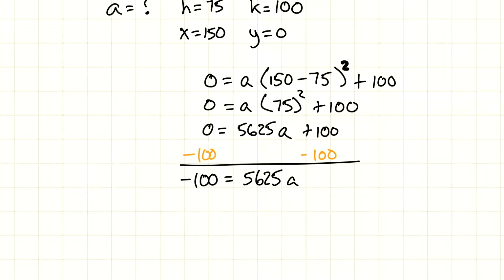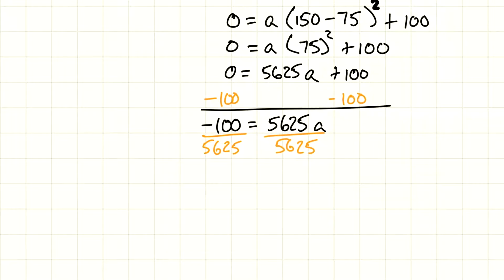All right, so divide both sides, and we're left with a final A value. I'll switch the sides. So this is going to be negative 100 over 5,625. All right.